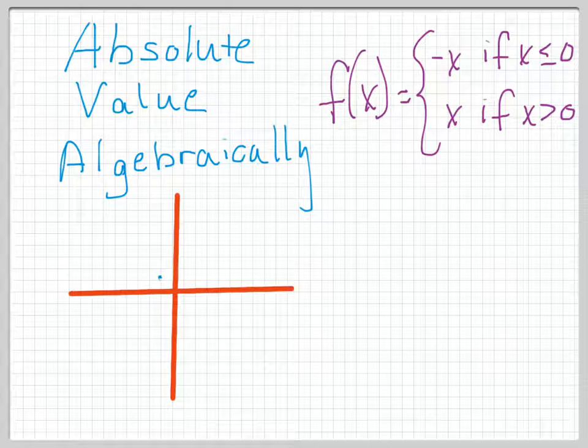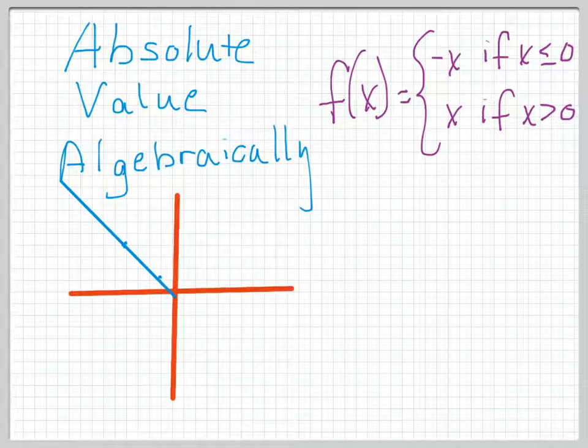So let's say if we take the point -1, we're going to take the negative of -1, which is going to give us +1, as indicated by the blue dot on the graph. Then if we take -4, the negative of -4 is going to be +4. We have 2 points, and we can go ahead and connect those with a line.